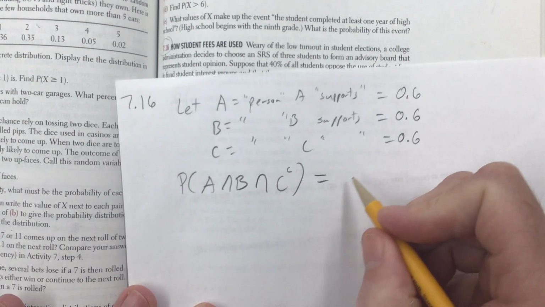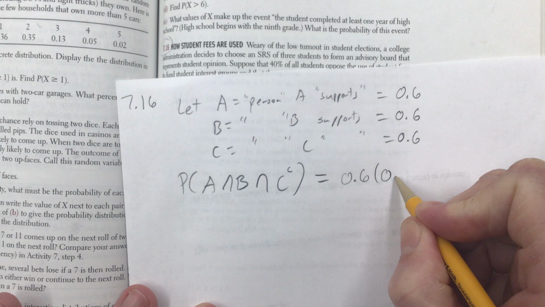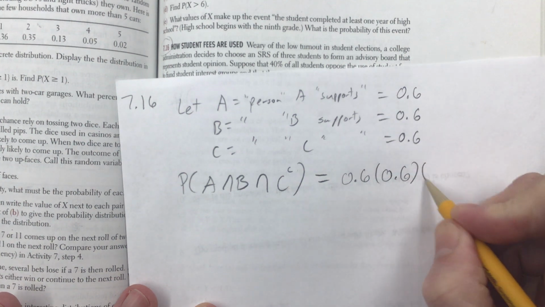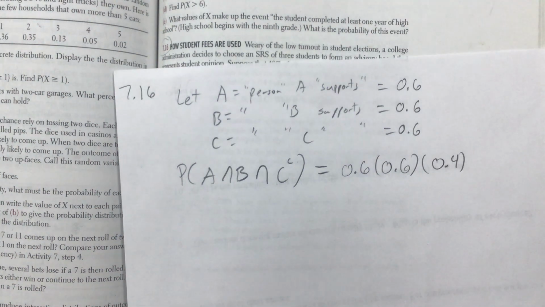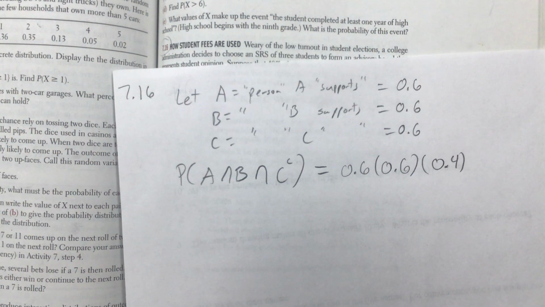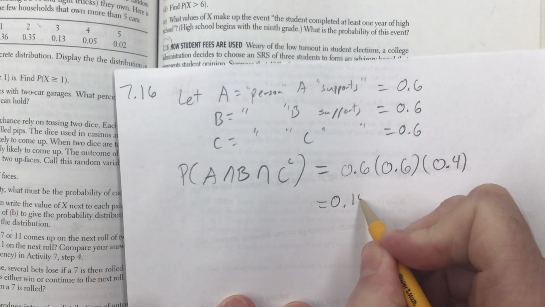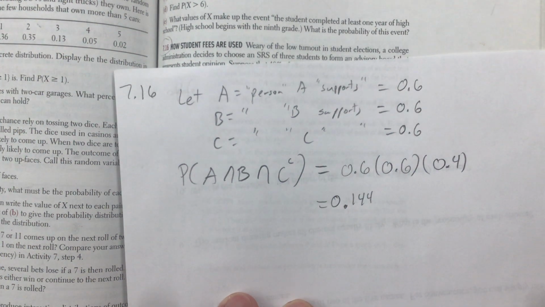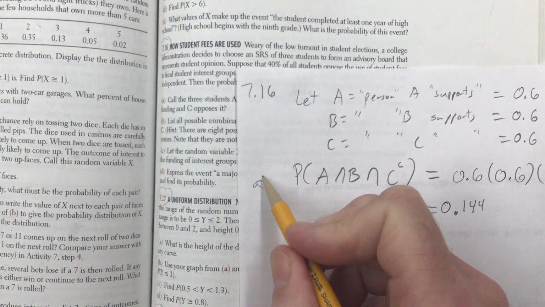Okay, A is 0.6, B also 0.6, C we want to oppose, so that is 0.4. And we get about 14%, 14.4% to be exact. Okay.